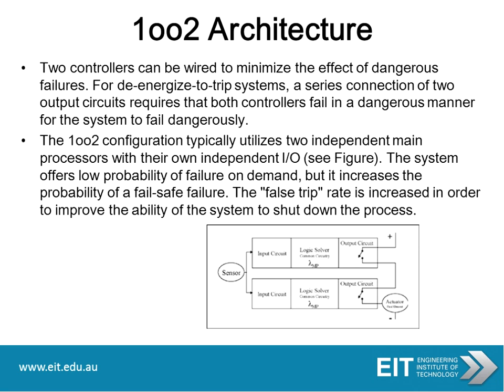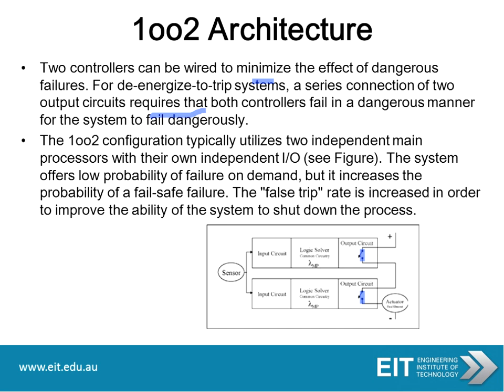Then the 1oo2 architecture, so two controllers can be wired to minimize the effect of dangerous failures, and for a de-energize to trip system, a series connection of the two output circuits requires that both controllers fail in a dangerous manner for the system to fail dangerously. So both of these must now fail short circuit for a dangerous failure.